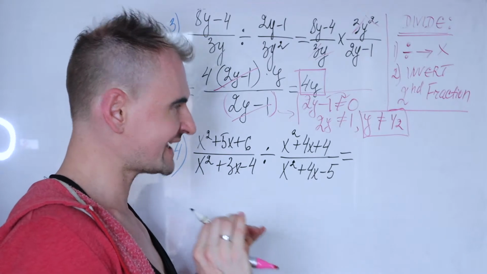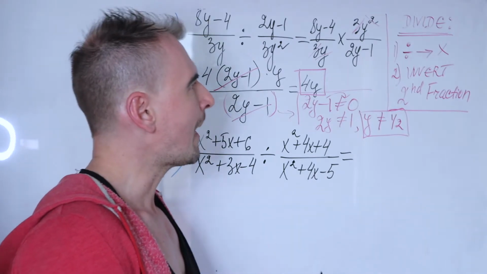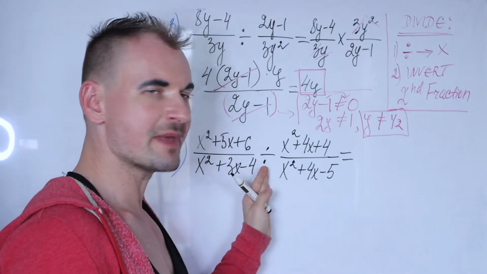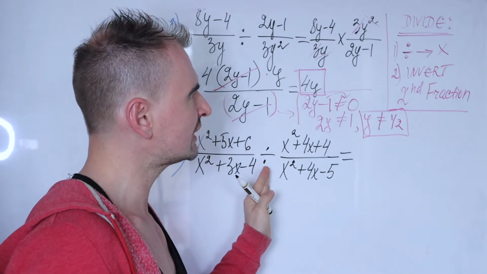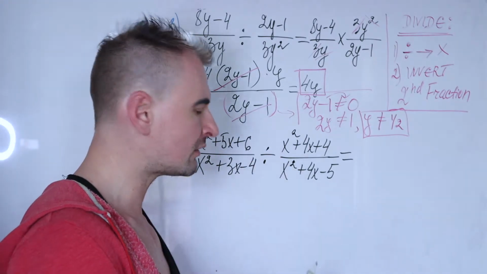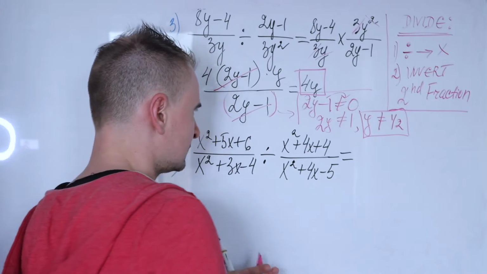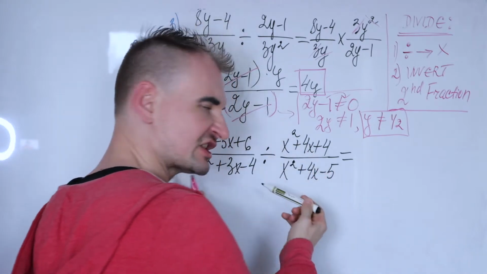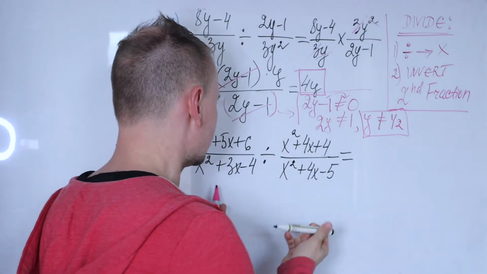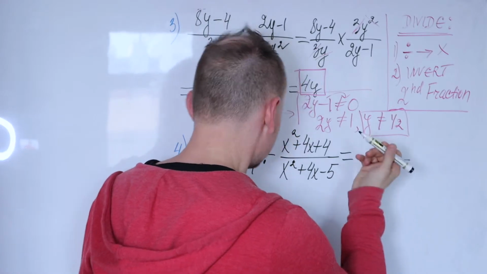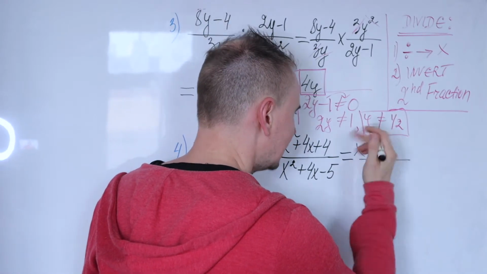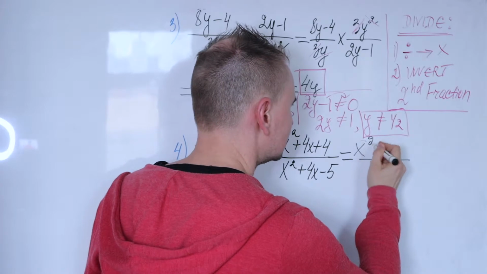But let's begin by just implementing this division. So let's just divide according to our rule. Let's switch it to multiplication. You keep the first fraction as is for now, and later we will factor it out.